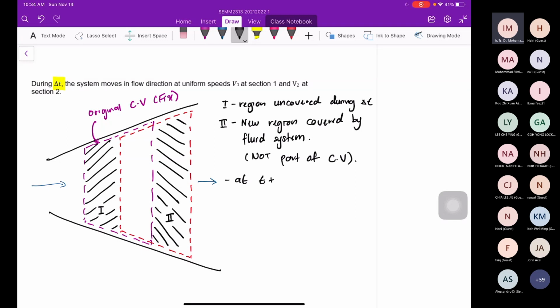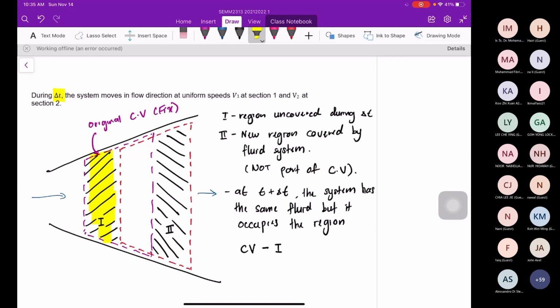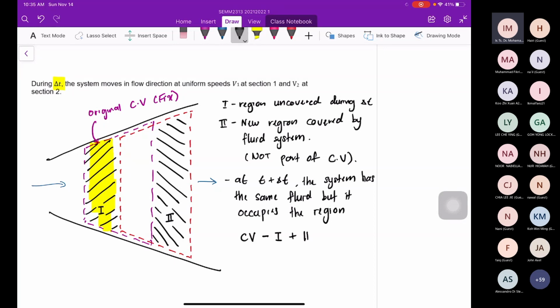At t plus delta t, the system has the same fluid, but it occupies the region: the original control volume, which is fixed, minus region I, and then plus the second region, region II.